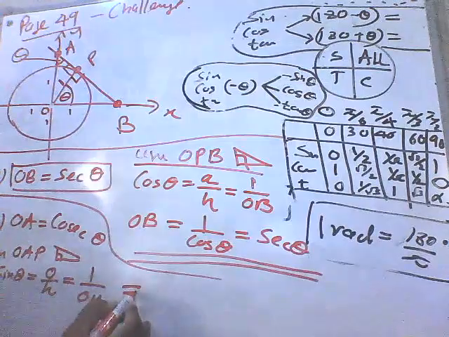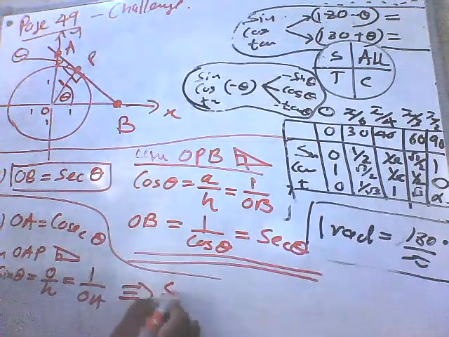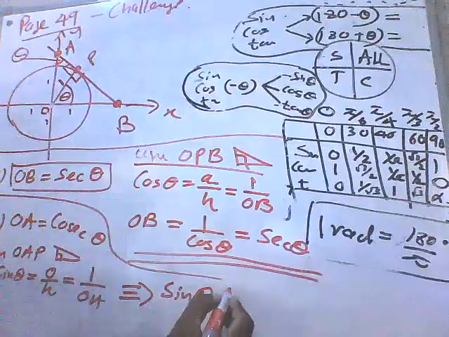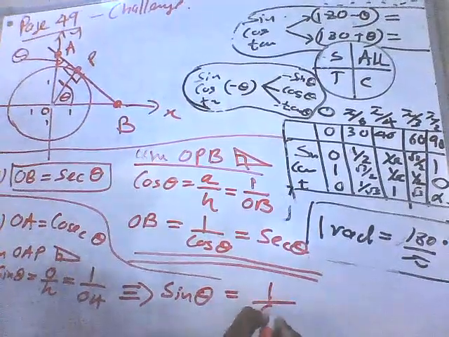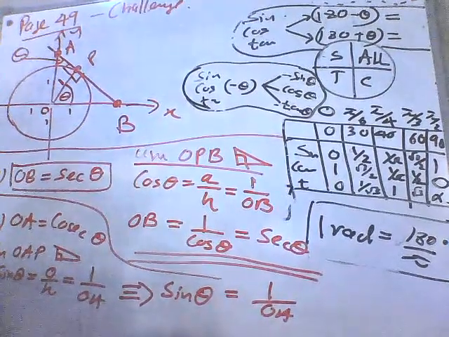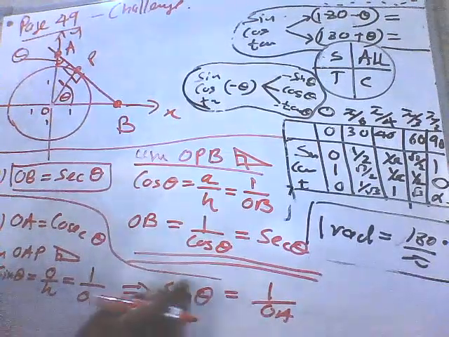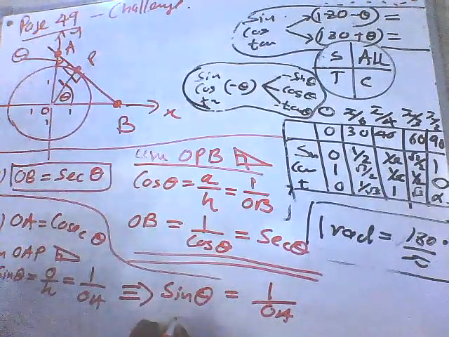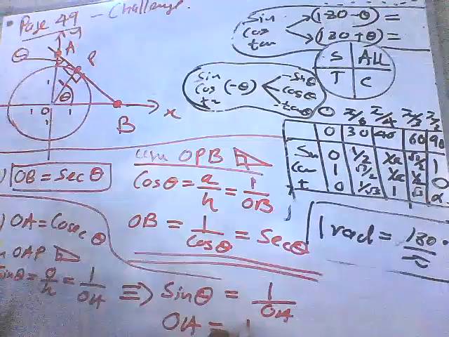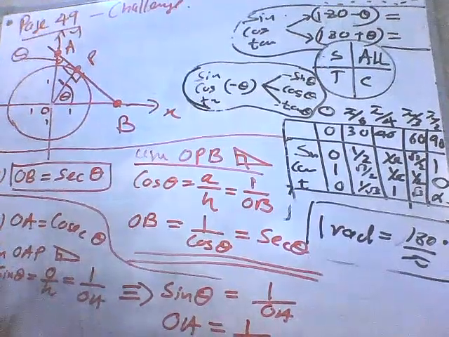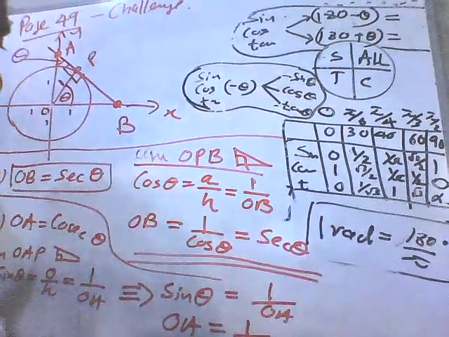Then from here we get sine theta is equal to 1 over OA. Then cross multiply. OA is equal to 1 over sine theta, that is cosec theta.